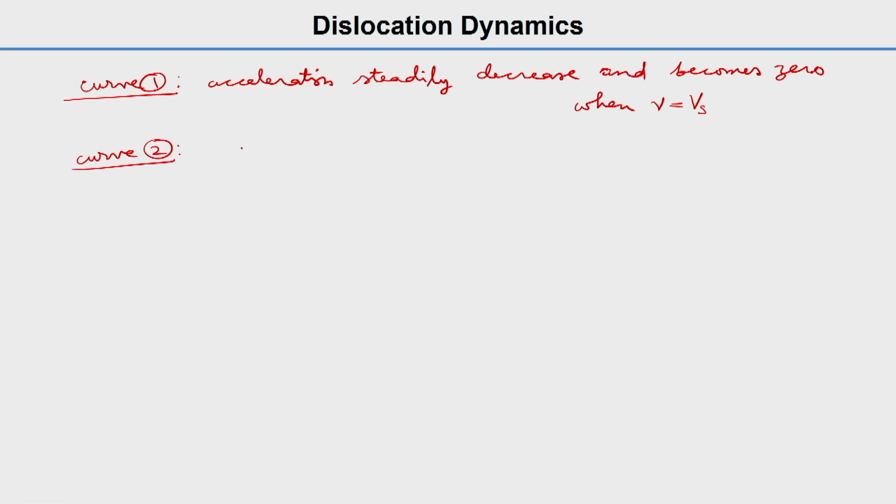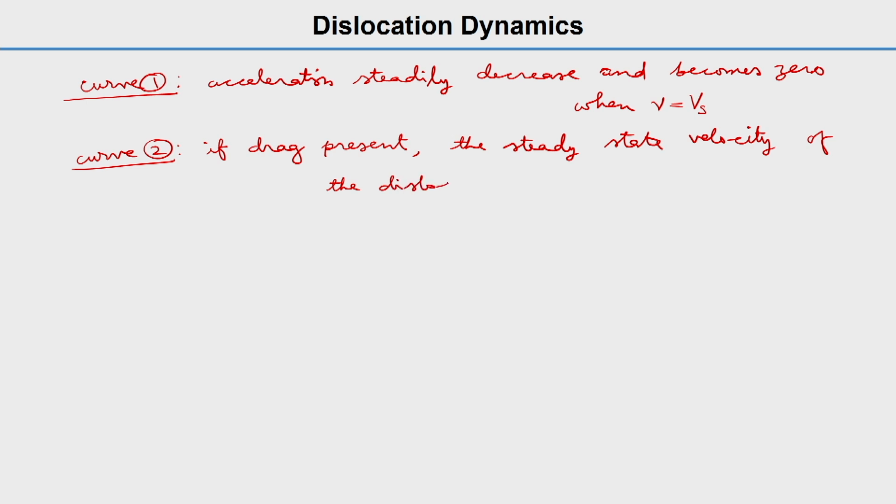Number 2, if drag is present, if we consider the drag mechanism, the steady state velocity of the dislocation will be 0.5 times Vs at the applied stress level.